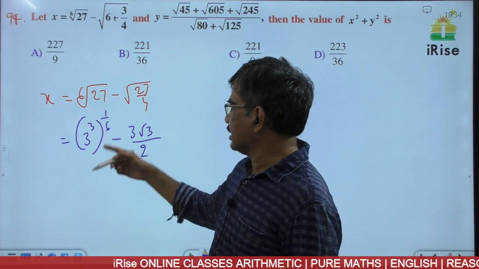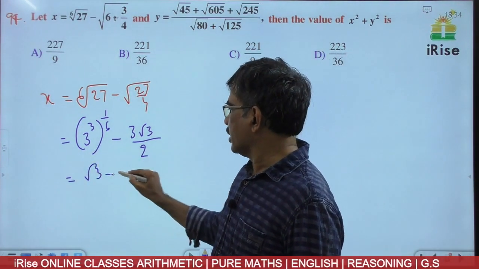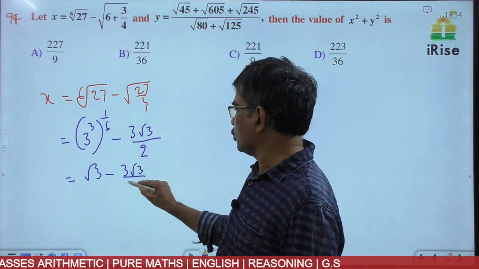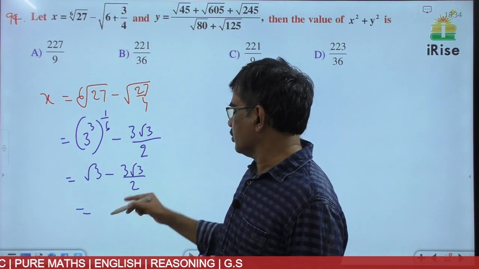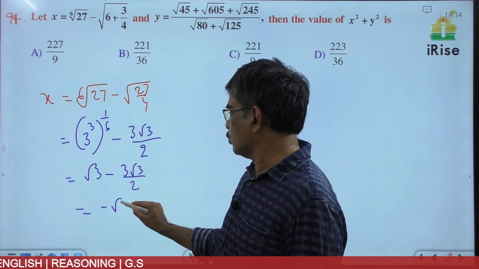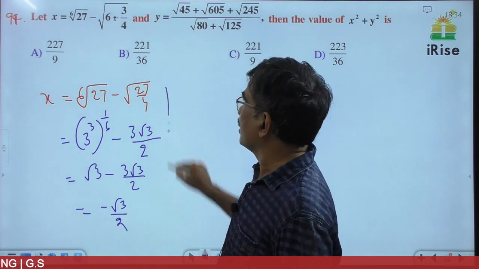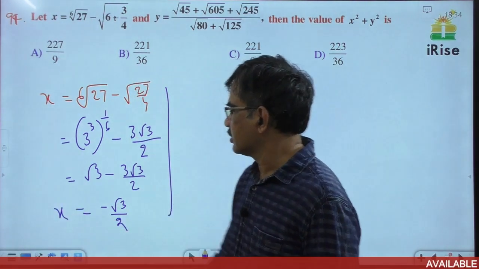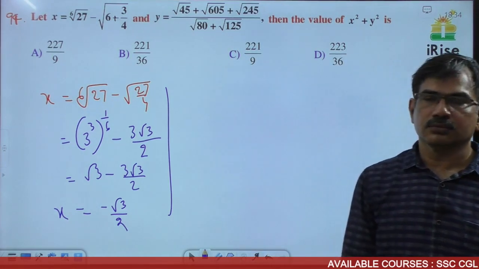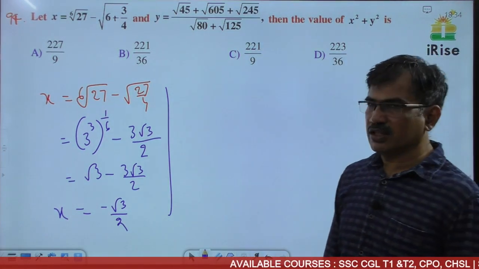Here 6 gets cancelled. We get root 3 minus 3 root 3 by 2, that is 2 root 3 minus 3 root 3 by 2. This is the value of x. Okay, the value is minus root 3 by 2.